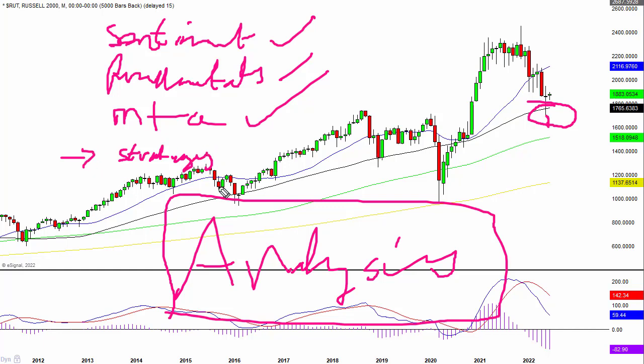Have strategies. See strategies as something you have in your kit bag, and then at the appropriate time you'll pull out the strategy, which is, we've pulled back into support. So in fact, on the daily chart, you're looking at a reversal strategy down here.